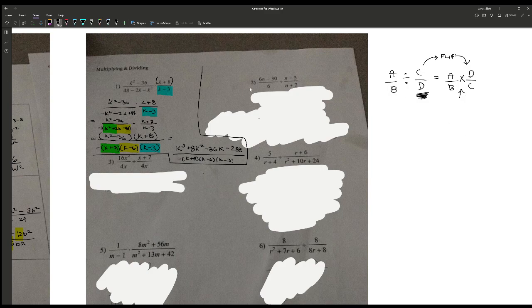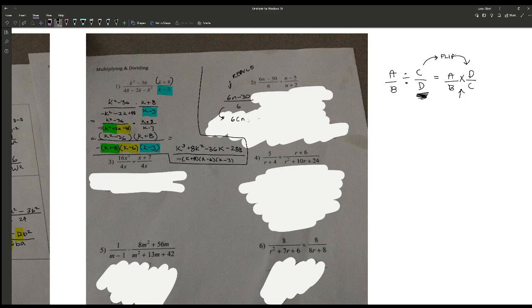It is beautifully easy. So, in this particular instance, we have 6n minus 30 over 6, which we can reduce. So when you reduce it, we're going to take the 6 out. 6 open bracket. 6n divided by 6 gives us n.